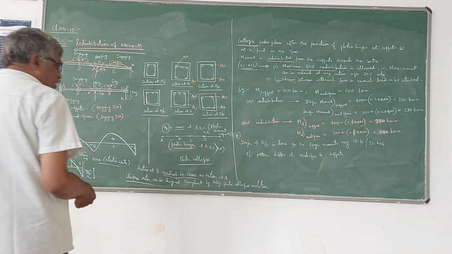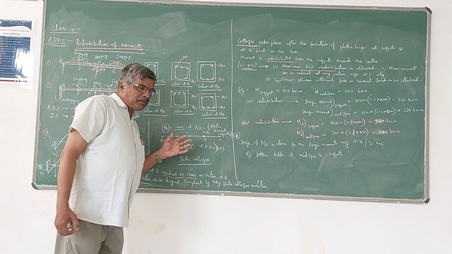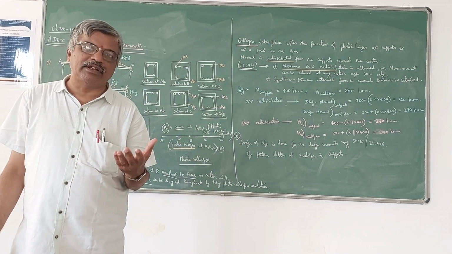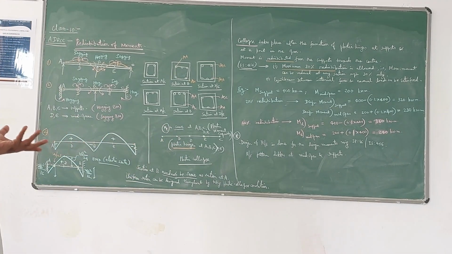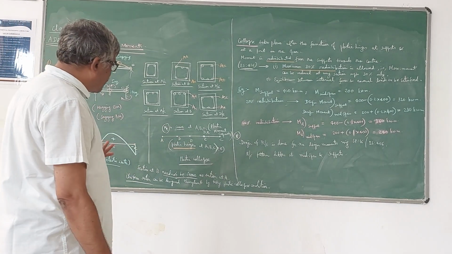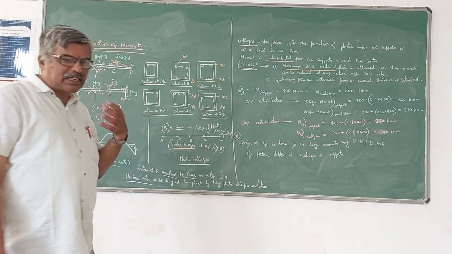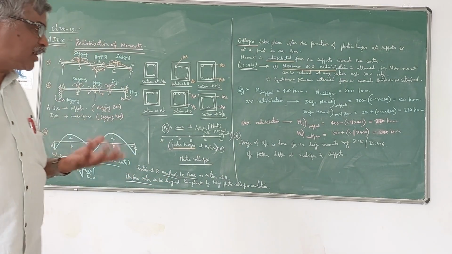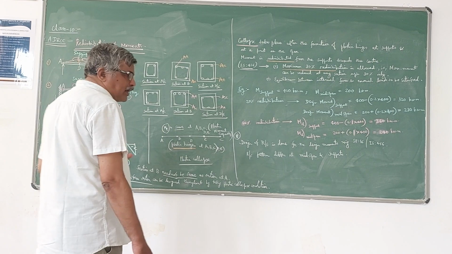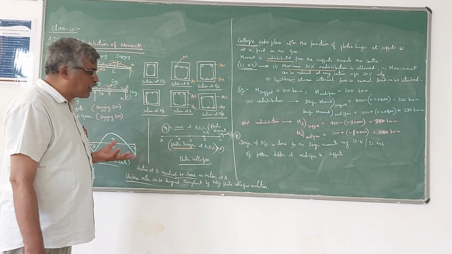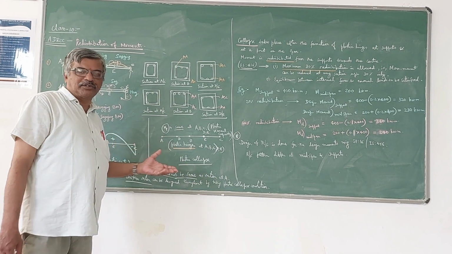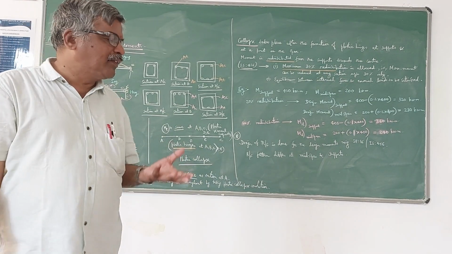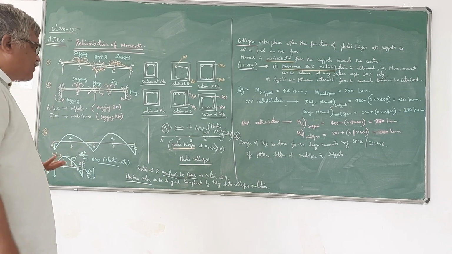Now what happens? The plastic state means at typical sections or critical sections where the maximum bending moment occurs or maximum shear force occurs, maybe positive bending moment or negative bending moment, hinges will form. Plastic hinges will form, which cause rotation of the member, and finally it leads to failure. The failure itself is called collapse. So formation of sufficient number of plastic hinges in this structure will cause the collapse of the structure.